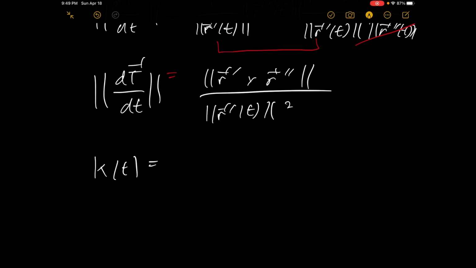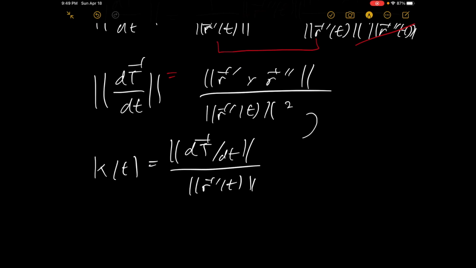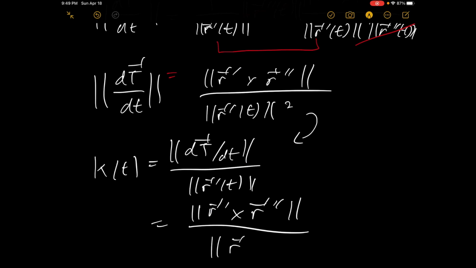There you go. Right, and then we know that this is the magnitude of the derivative of T with respect to time, divided by the speed. And if we plug that in there, then we get the magnitude of r prime cross r double prime, all divided by the magnitude of r prime of t cubed. And that ends my proof.